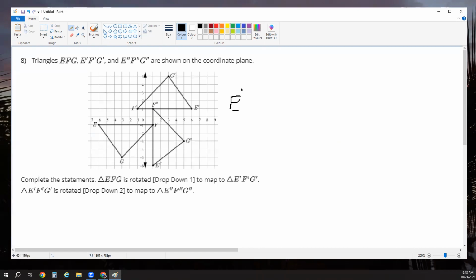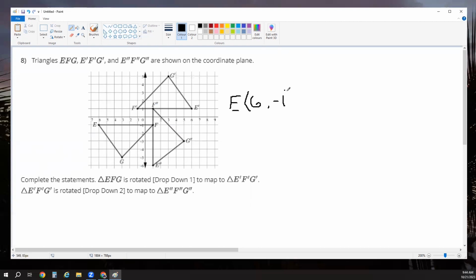E started off as 6, 5. No, that's way wrong. -1.